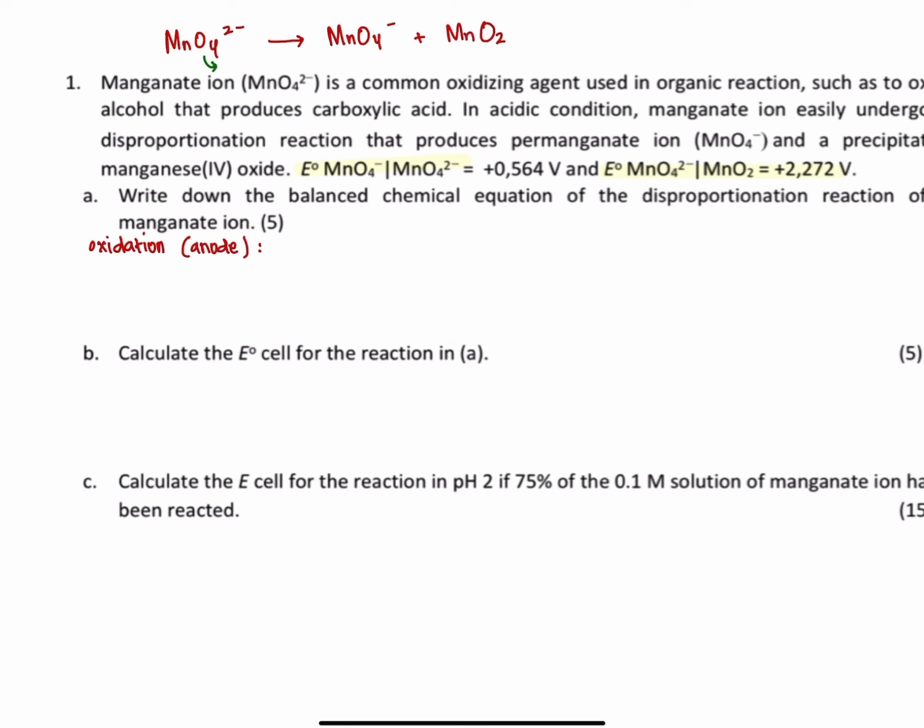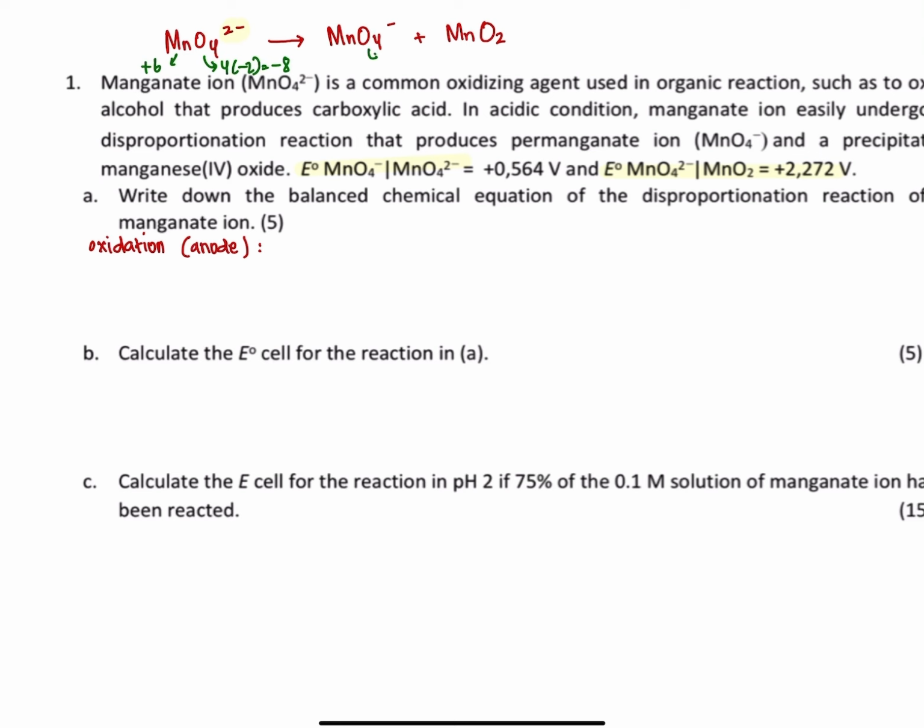The oxidation number of oxygen is -2, so we have 4 over here, so we have -8, and then the total should be -2. So Mn over here should be +6. And then let's take a look at the permanganate ion.